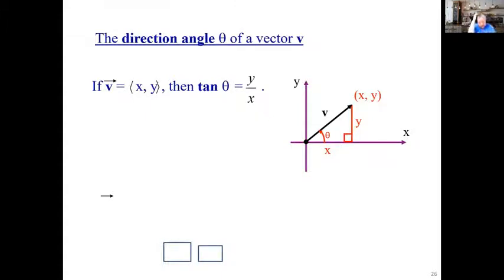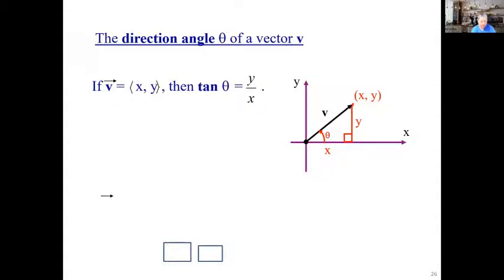Then x is the length horizontally and y is the length vertically. The coordinate up there indicates the position of the terminal point. So this is the terminal point here, and x comma y will be the coordinate of the terminal point.